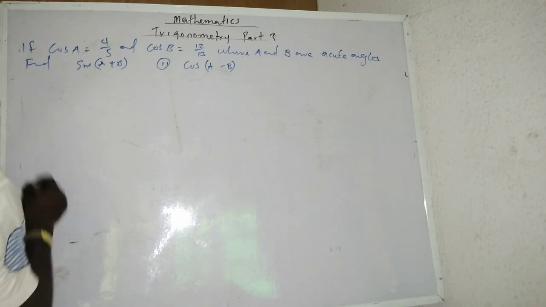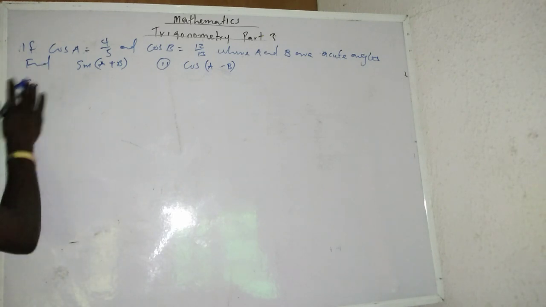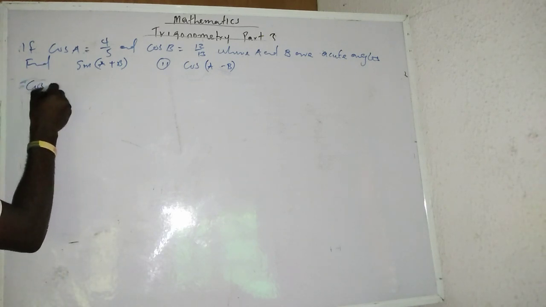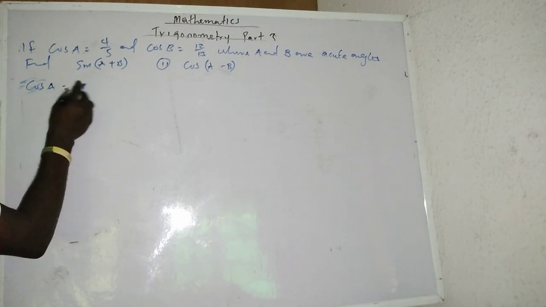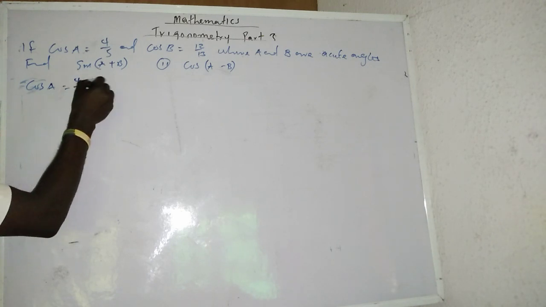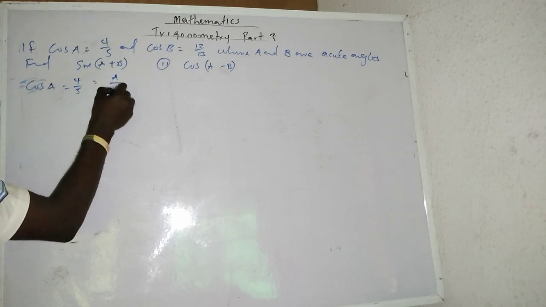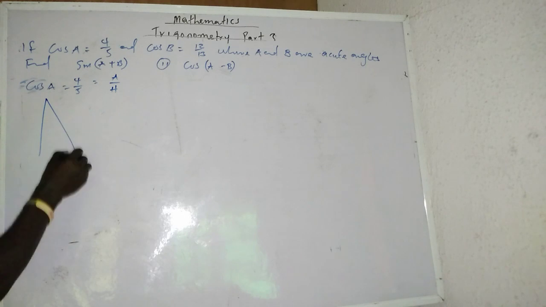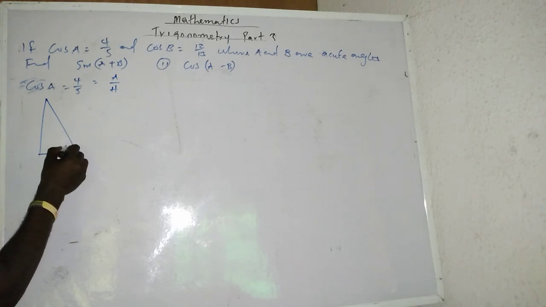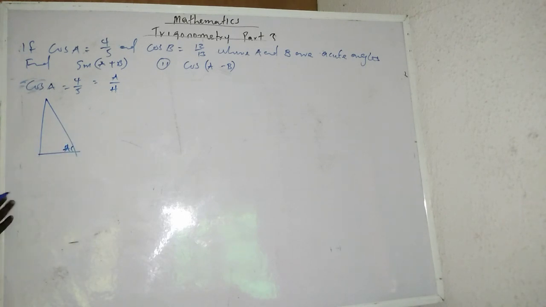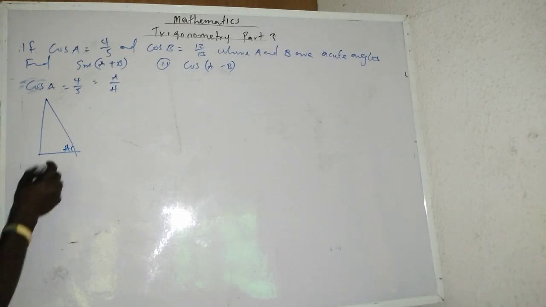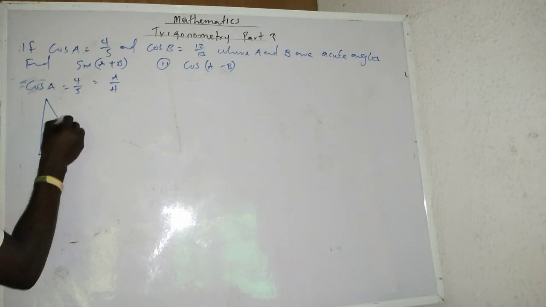Now, solution to this problem. If I have cos A, which is 4 all over 5, the same thing as what? Cos is adjacent all over hypotenuse. I can draw a triangle like this, and have my angle theta A like this, with 4 and 5.